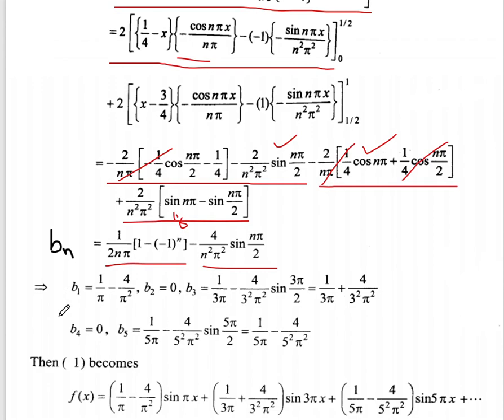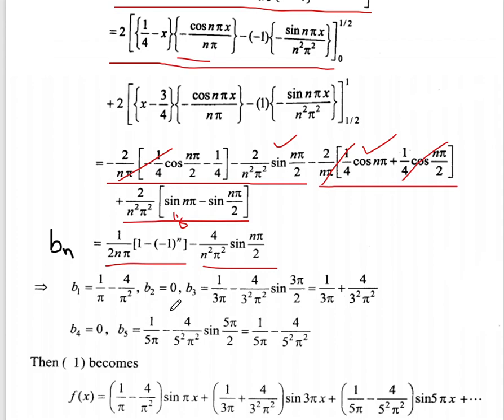Now for simplicity, we can find b1, b2, b3, b4 and so on. If n is odd, it will give values. If n equals 1, you will get 1 upon pi minus 4 upon pi square.